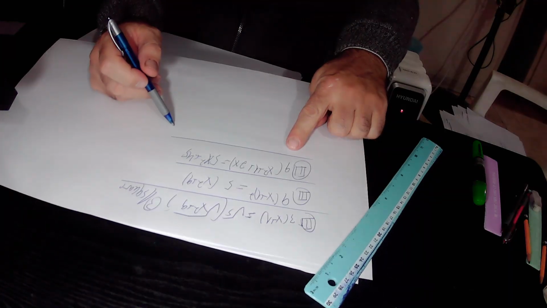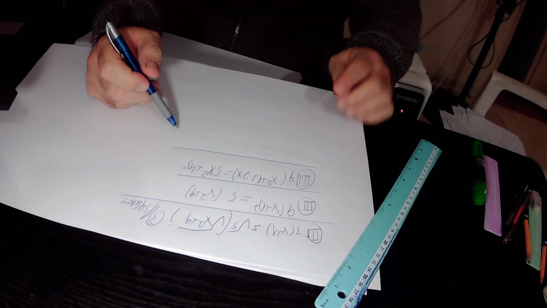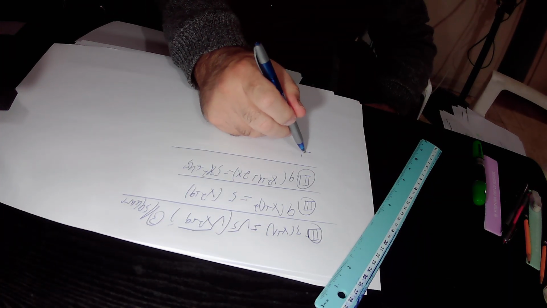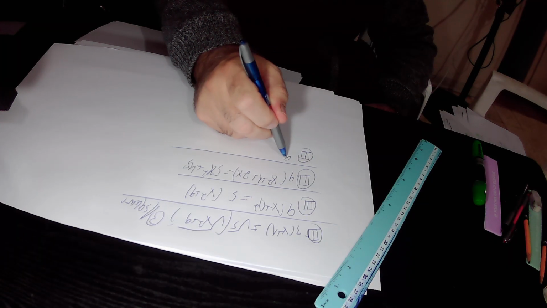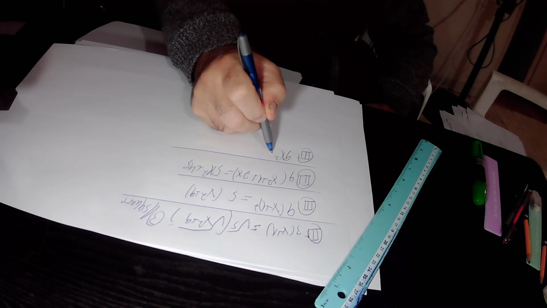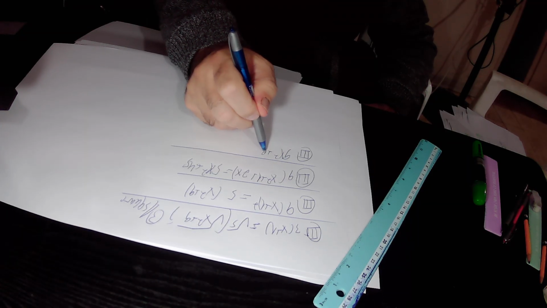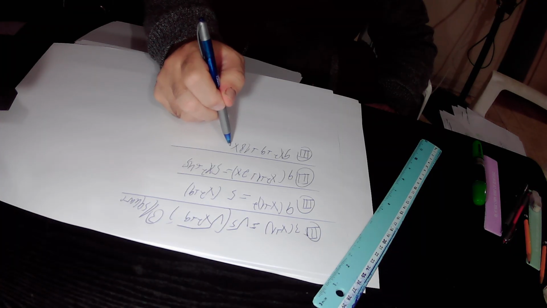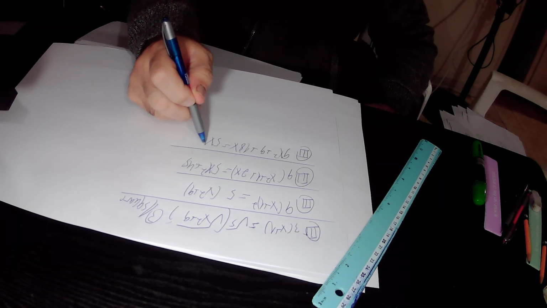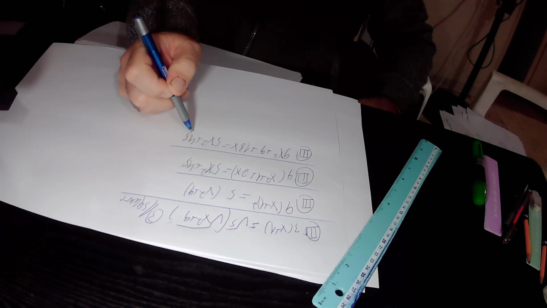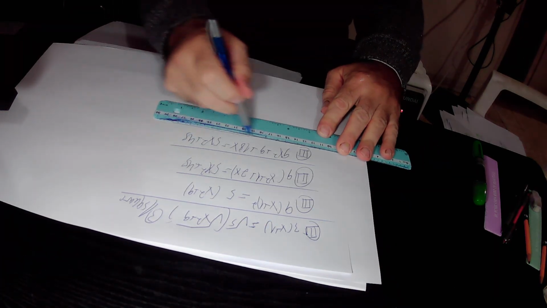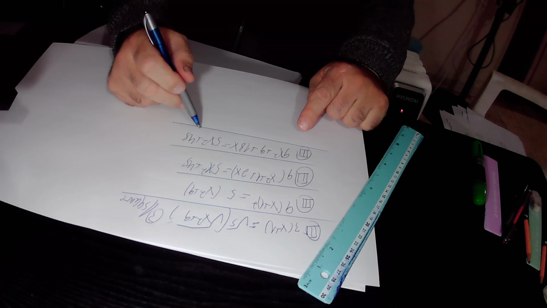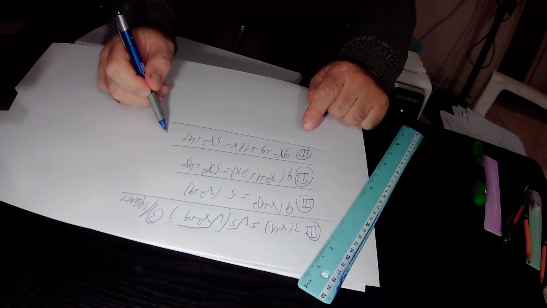So we open the brackets: 9 times x squared is 9x squared, plus 9 times 1 is 9, plus 9 times 2x is 18x, and this equals 5x squared plus 45. Here we subtract 5x squared from this equation 3.